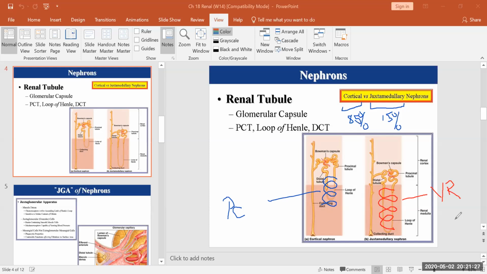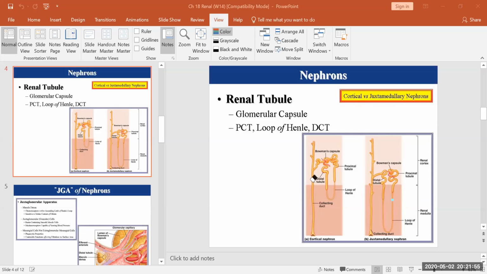And the cortical nephrons produce dilute urine. The juxtamedullary nephrons produce concentrated urine. So we're connecting anatomy to physiology. Whatever you learn from anatomy, we take it to another level here.